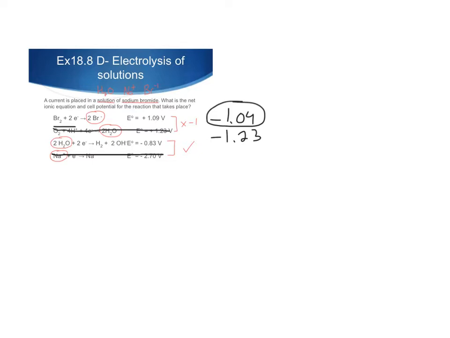So once I set those straight and I reverse my reaction, I get 2 bromides. I reverse the bromide reaction, it turns into diatomic bromine plus 2 electrons with a voltage of negative 1.09 volts.